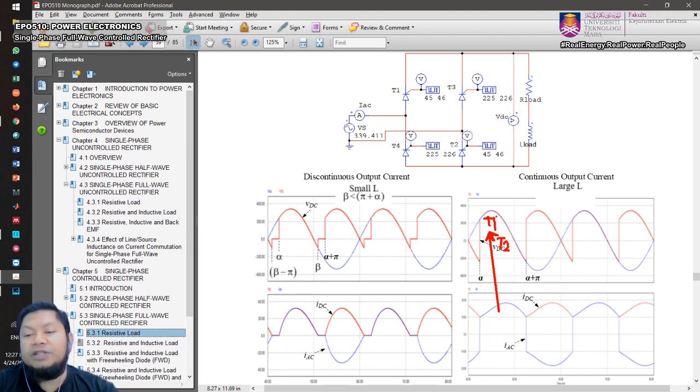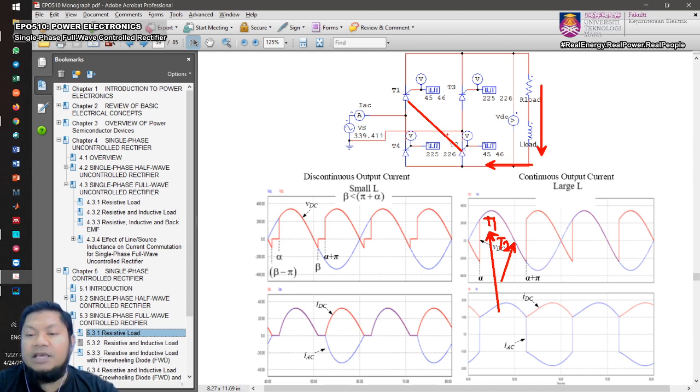So T1 and T2 operate at this point, and then just after the zero crossing to the negative half cycle, T1 and T2 are still conducting. They are still conducting because there is continuous current flowing in that output, isn't it? So there is still a current flowing at the output, forcing thyristor 1 and thyristor 2 to stay on.